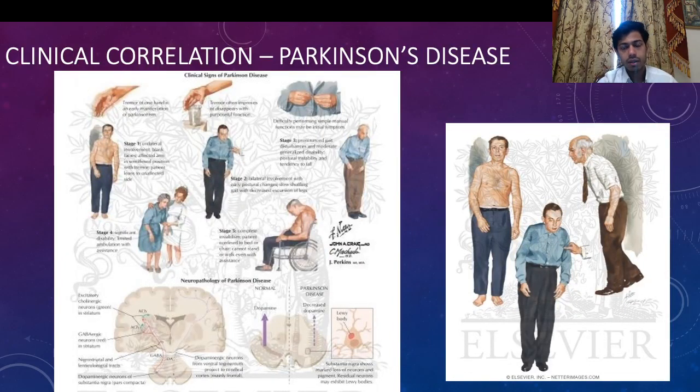Like I mentioned, how is this all relevant? So the clinical correlation with the internal capsule, the basal ganglia, and most subcortical structures is that if there's any dysfunction between the transmission from the cortex and all the systems down below, we can possibly get Parkinson's disease.